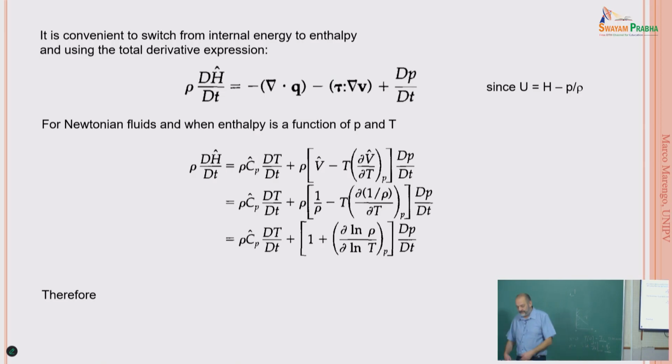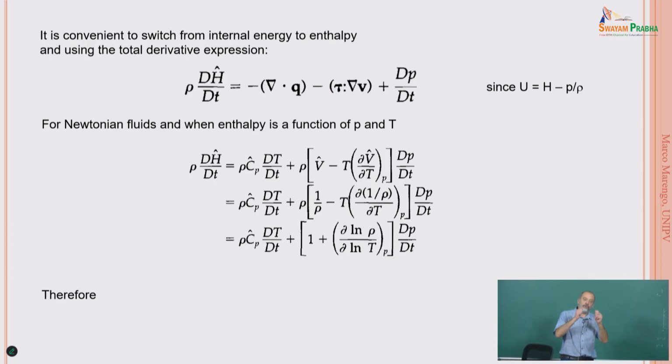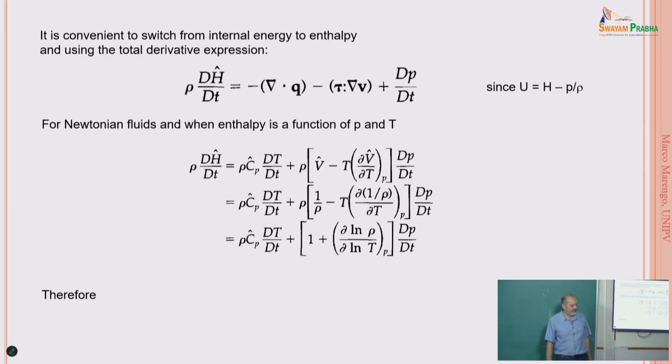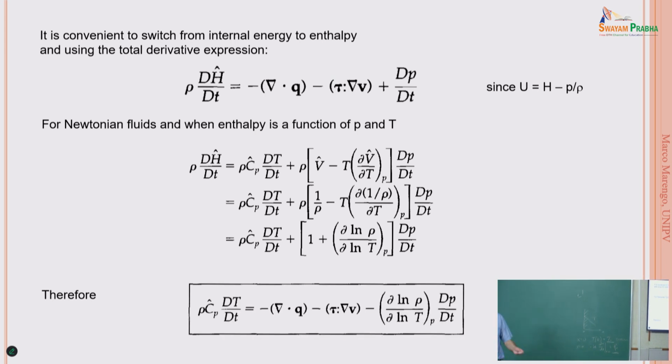Rho Cp becomes very clearly a thermal inertia, plus a term linked to the total derivative of the pressure, DP over Dt, multiplied by this strange term, that is the logarithm of rho over the logarithm of T, with the temperature at constant pressure. This is interesting because at the end we are going to have this form, and this is a beautiful way to write the energy equation. I found that this is really a beautiful form for the energy equation.